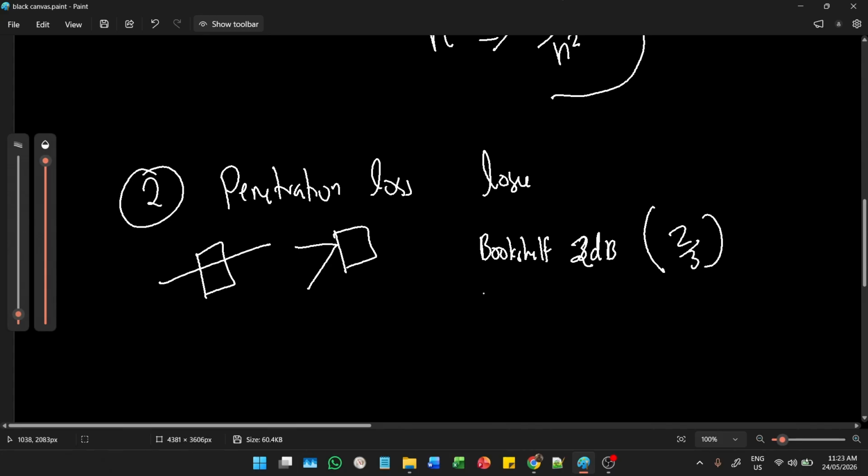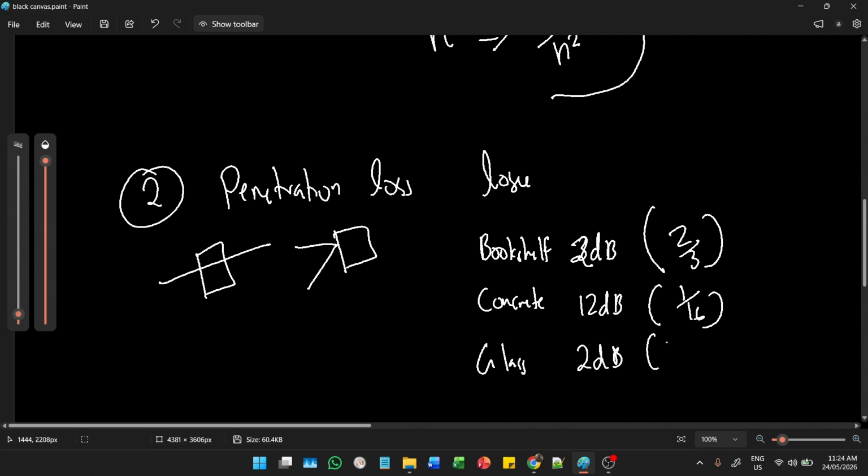Then we have concrete, where it loses about 12 decibels, and it retains only 1 out of 16th of its original strength. Then we have glass, where it loses 3 decibels and retains half of its original signal strength.